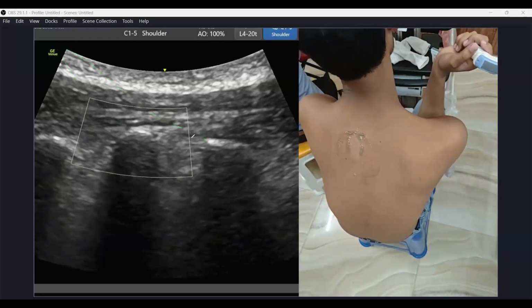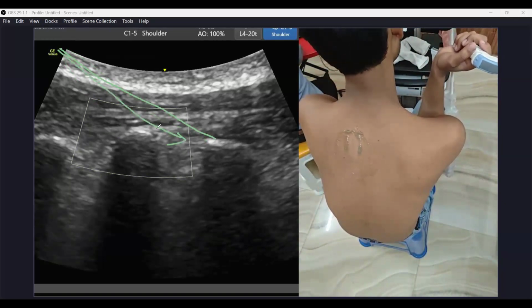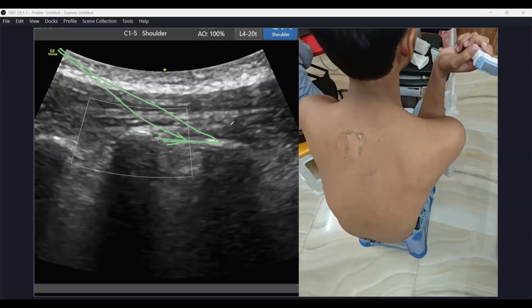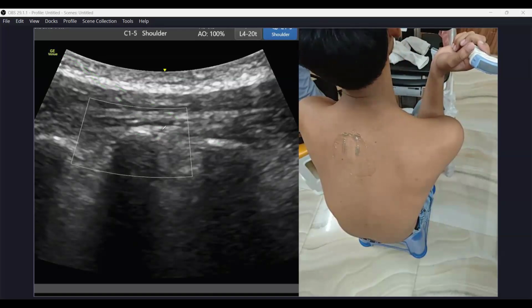And if it is within T4 to T9, then we have to hit first and then redirect the needle up this much. At the same plane between these two transverse processes, we will give a local anesthetic block for the medial branches. Sometimes we see a vessel in this area which will be associated with the medial branches. So this is for medial branch block.